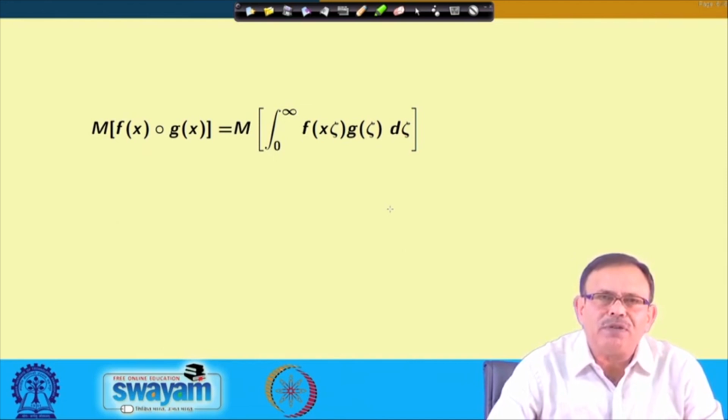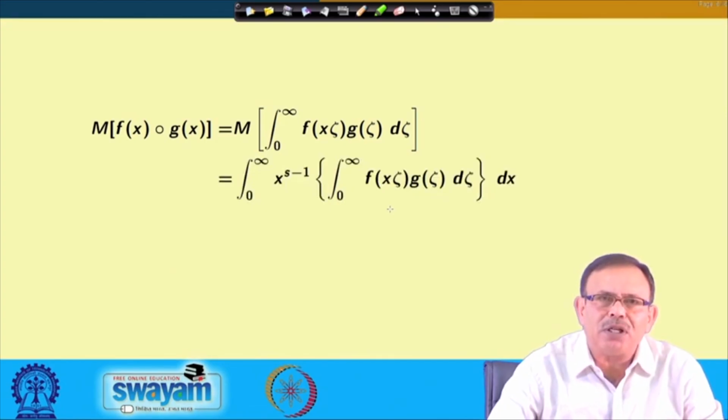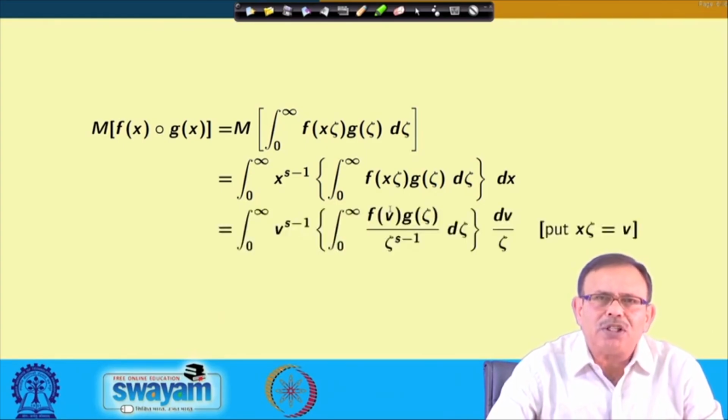Using this definition, the integral from 0 to infinity of f(x eta) g(eta) d eta, and from the definition of Mellin transform, this equals the integral from 0 to infinity of x to the power s minus 1 into the integral of f(x eta) g(eta) d eta into dx. Using the substitution x eta equals v, please note that in the earlier case we used the substitution x by eta equals v.